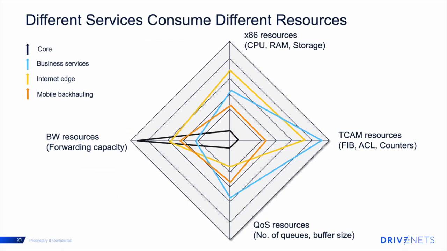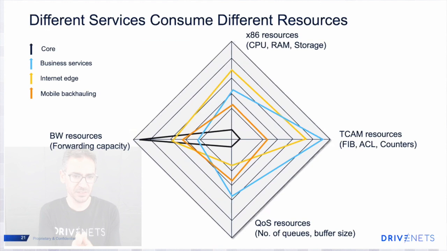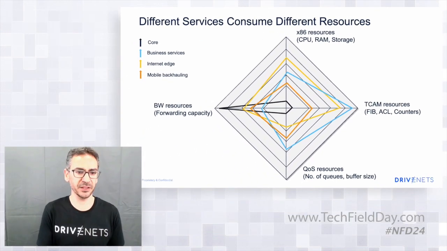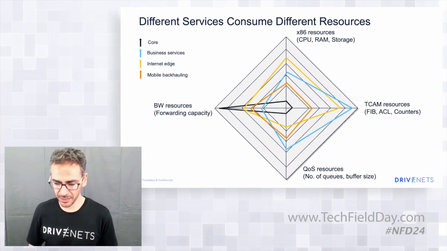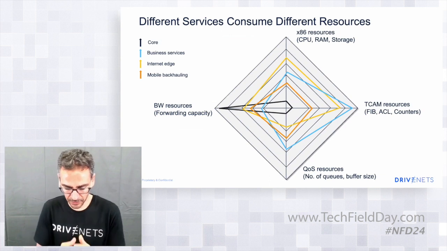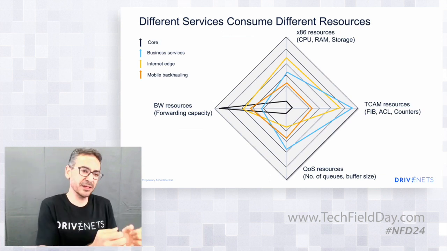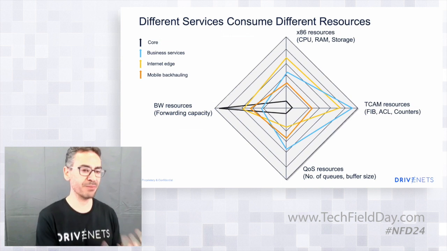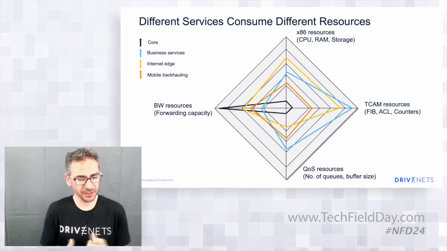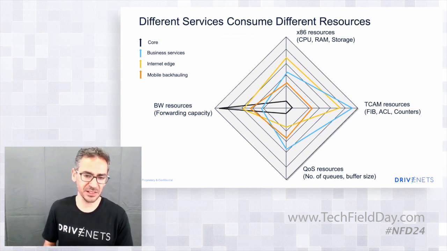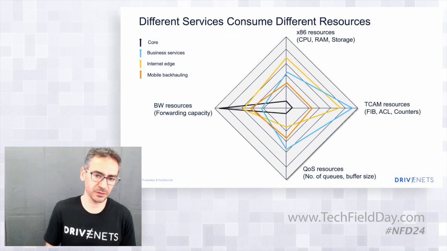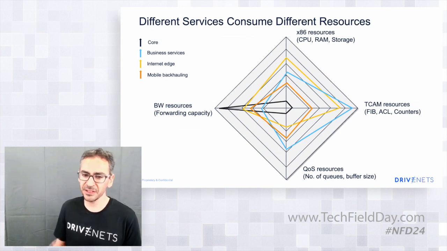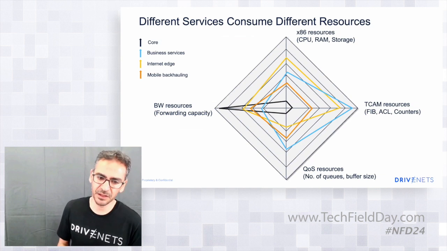So when you're building this in the traditional way and looking at a specific use case, such as core routing, which is reflected here with this black diamond, the core function is mainly consuming resources which are bandwidth worthy, not very heavy on the CPU resources, not very heavy on the TCAM resources, not very heavy on the quality of service attributes.